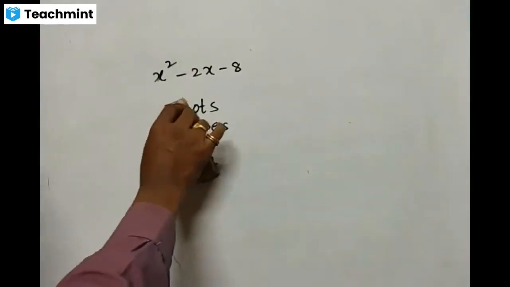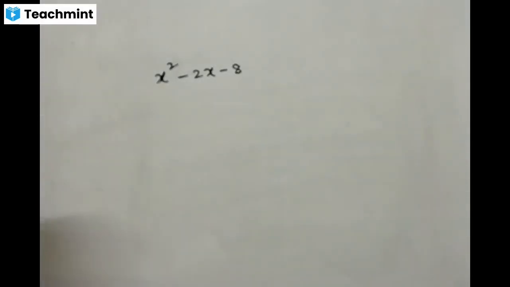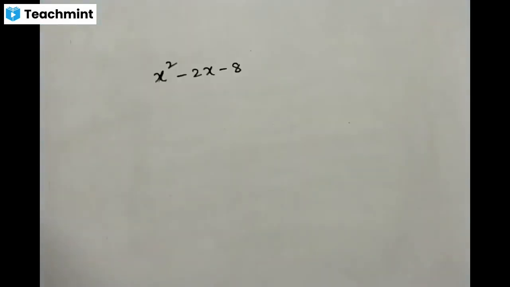So now tell me how to find out the zeros of this, how to find out the roots. Tell me. Factorization method. Tell me how to do factorization method. Minus 8 plus 2 4, sir.